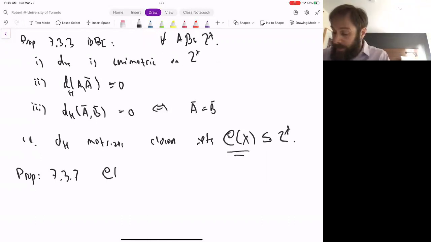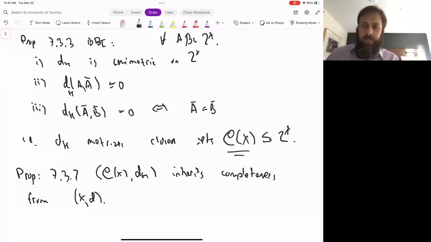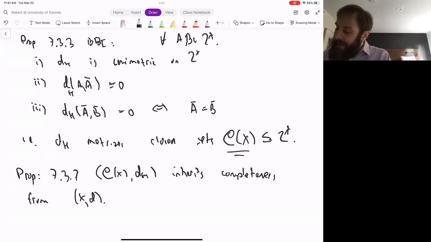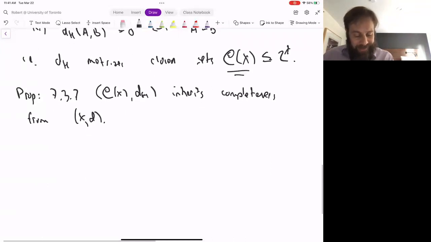So (C(X), d_H) inherits completeness from the original metric space. So if the original metric space is complete, then the set of closed sets in the Hausdorff metric is again complete. And this basically follows by a sort of clever diagonal argument.